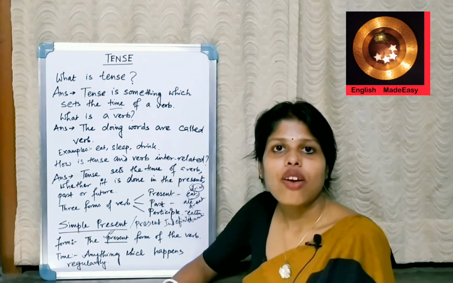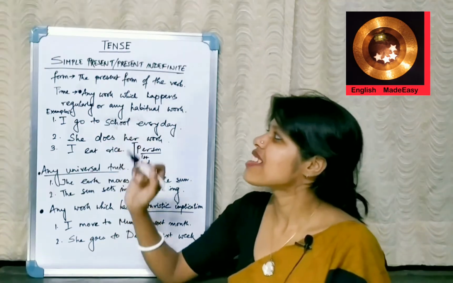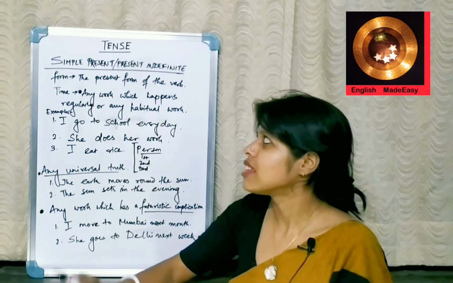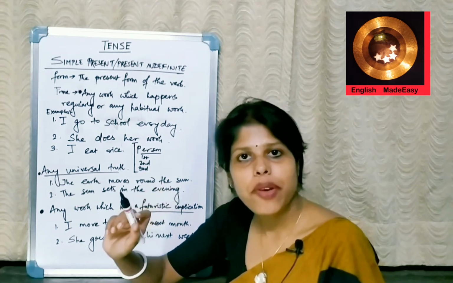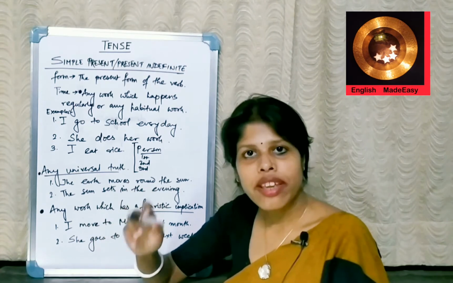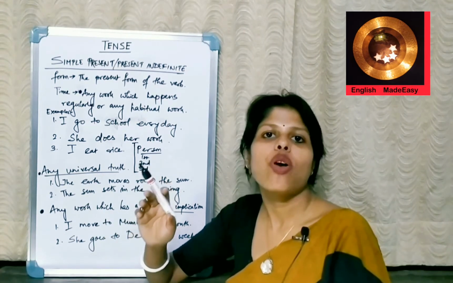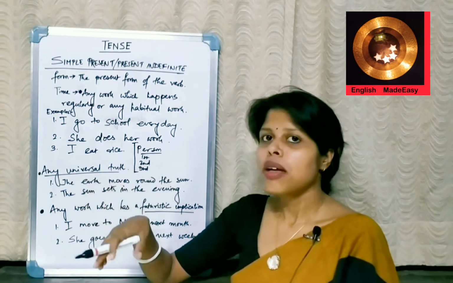And the time. What is the time? Anything which happens regularly. Let me again repeat the present form of the verb: eat, drink, sleep, talk. Among the three forms of the verb, you have to know the present form of the verb.